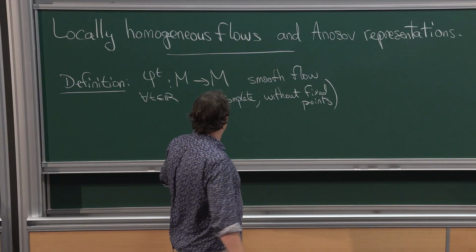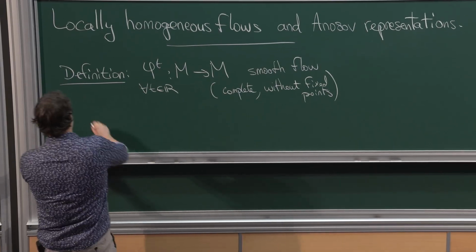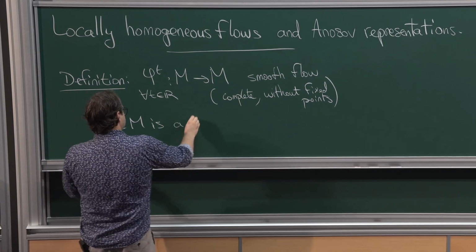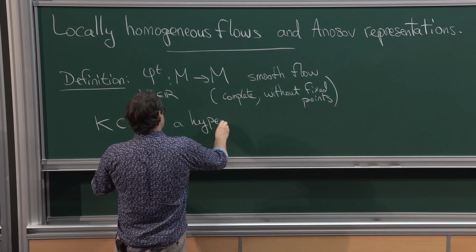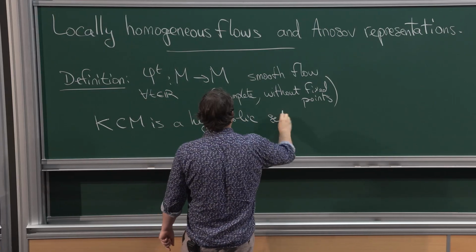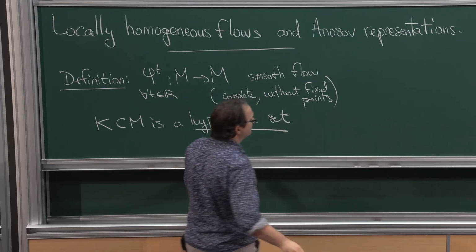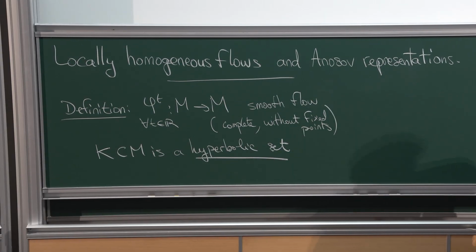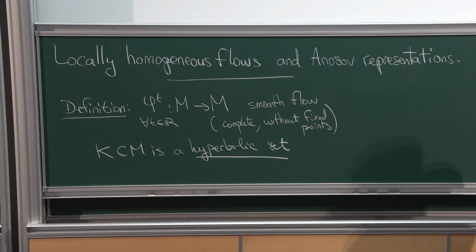Okay. So a hyperbolic set is a subset K in M, that can usually be described essentially by what the flow does to tangent vectors.